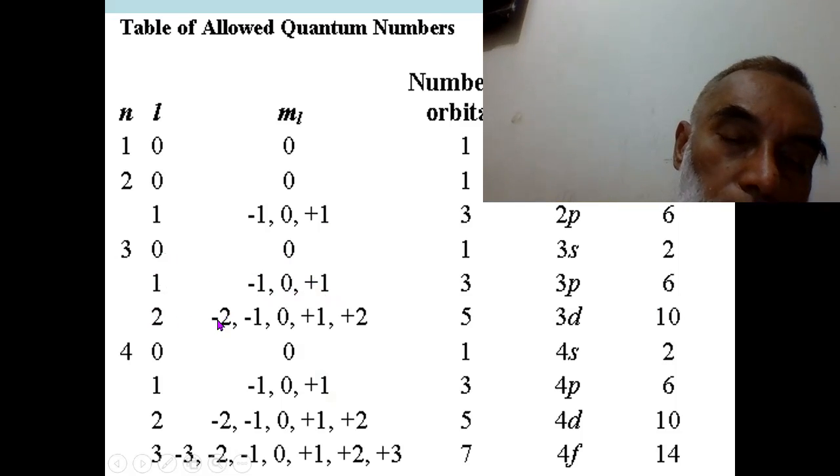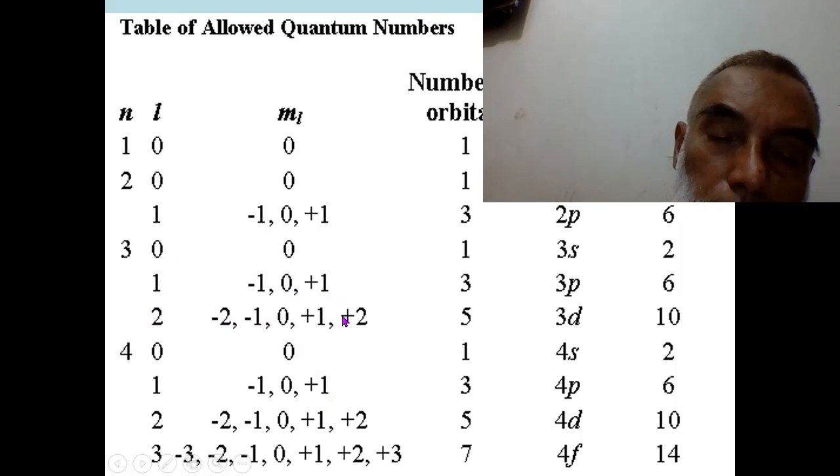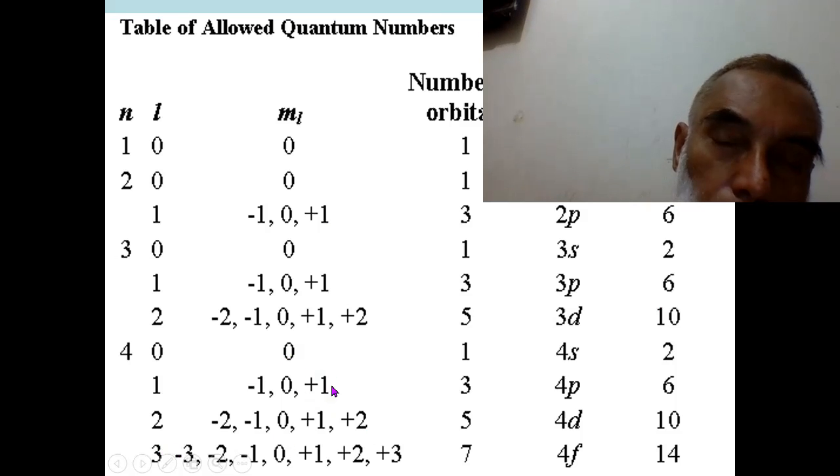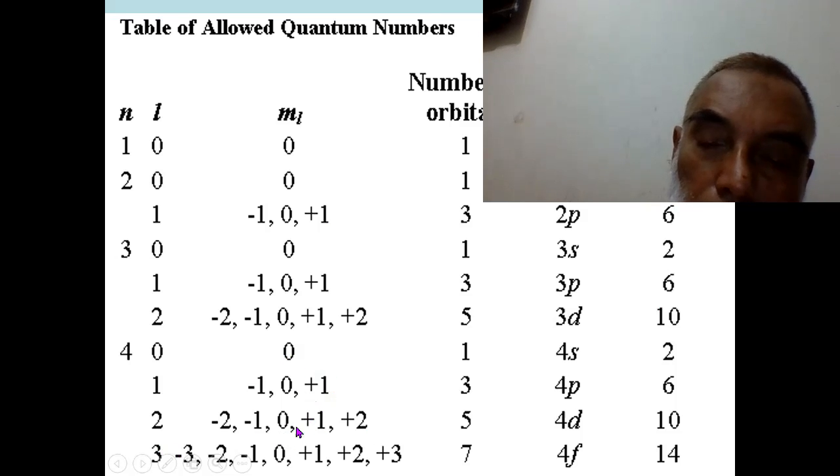For 2, it will be twice 2 plus 1, that is 5. One is dxy, another dyz, another dzx, another dx square minus y square, another dz square. In this way, for 4, there are so many quantum numbers. These are to be memorized and remembered.